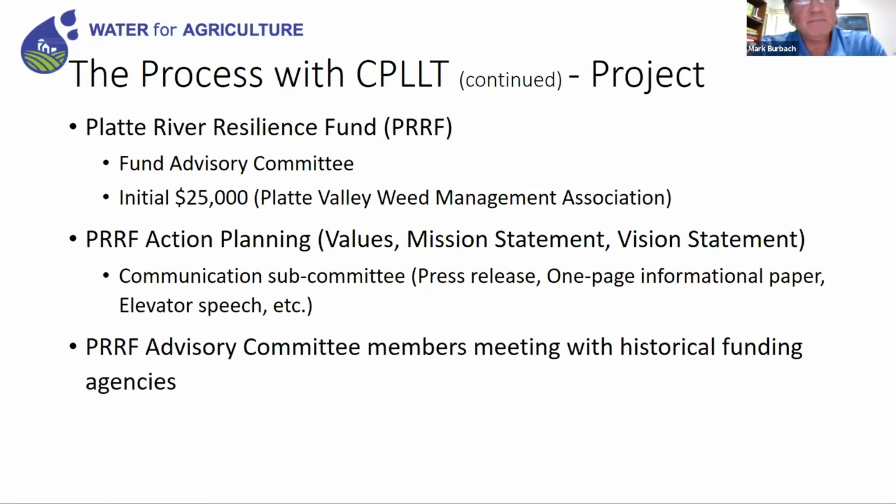And also team members are meeting with agencies that have historically funded conveyance and Phragmites issues in the Central Platte Valley, such as NRDs, making them aware of the fund and that perhaps they may want to shift funding or a portion of their funding to the fund in the future.